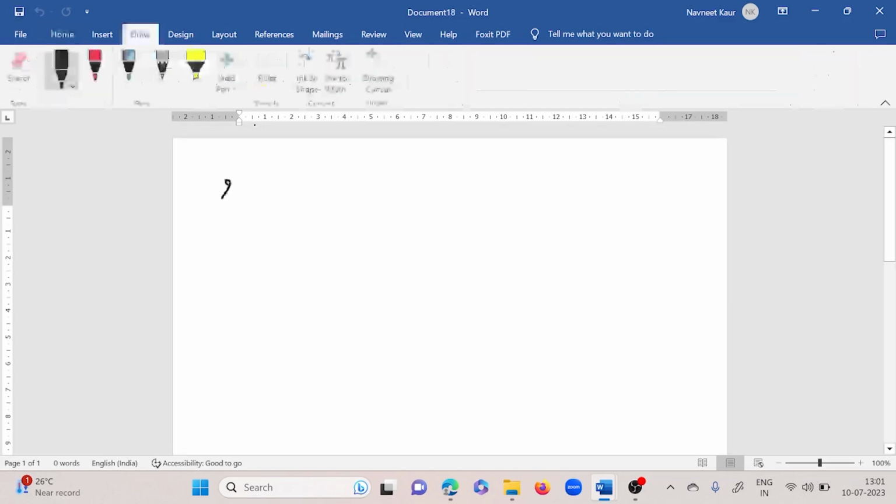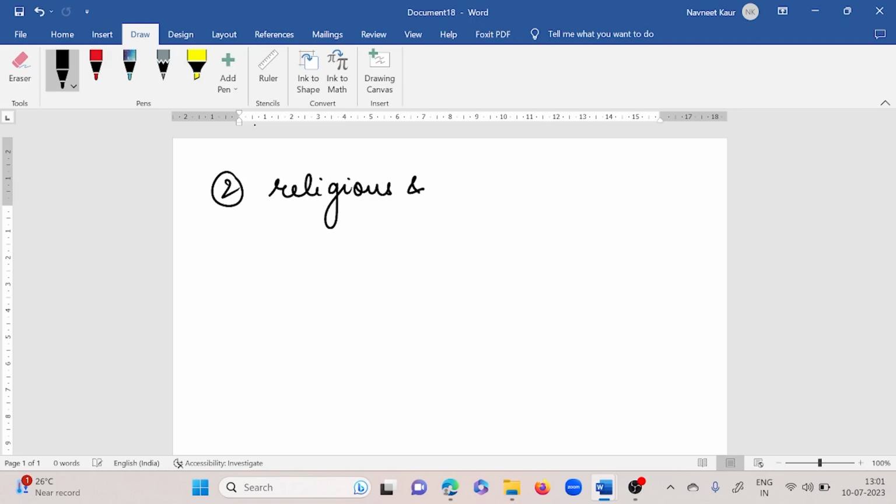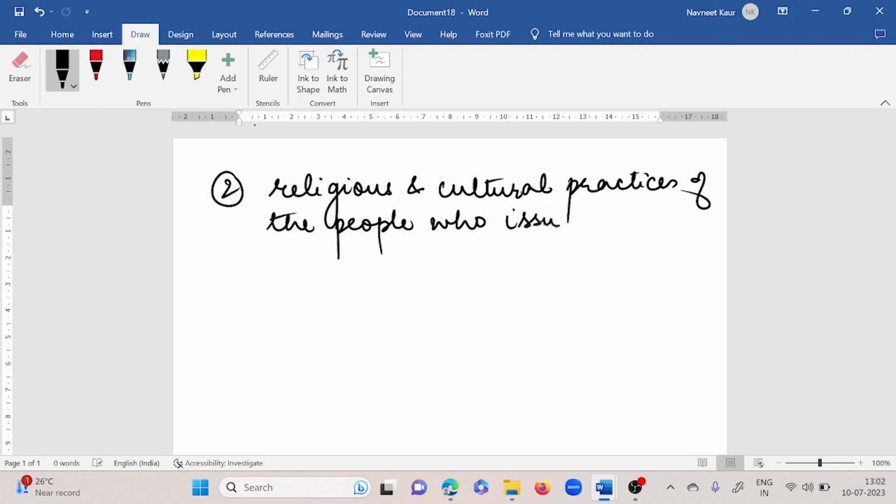Number one, they help us determine dates of several dynasties. They also tell us about the religious and cultural practices of the people who issued them. And third, they provide information on the kinds of metals used in the period.